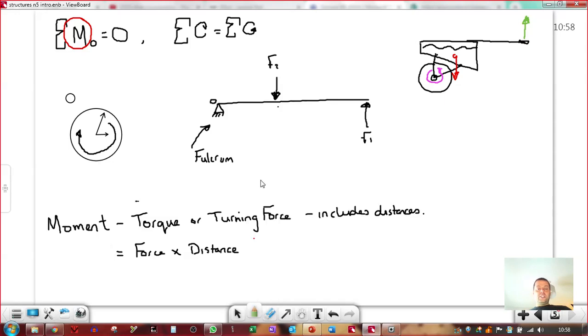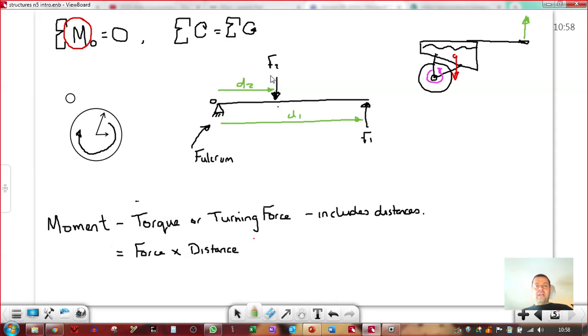So in this instance, we've got this distance, and we've got this distance. There are two moments acting on this beam. I know that there are two moments because there are two forces.